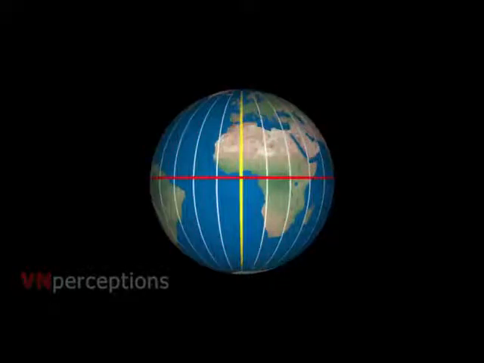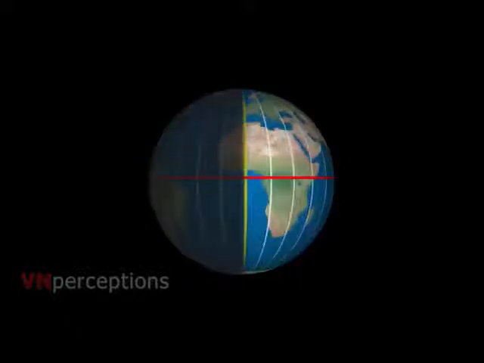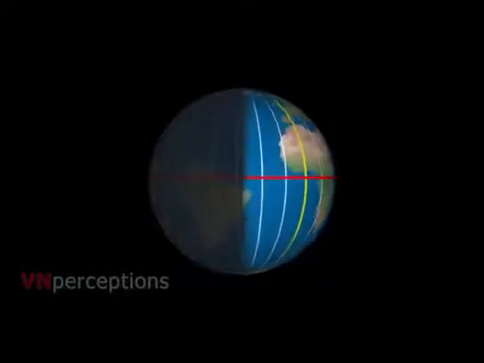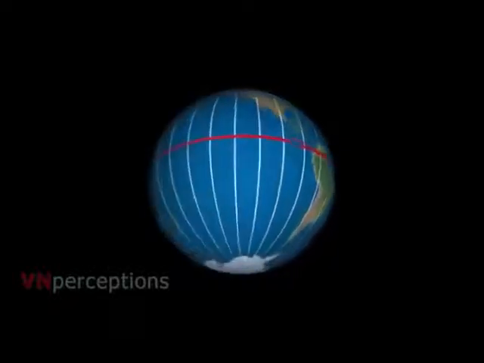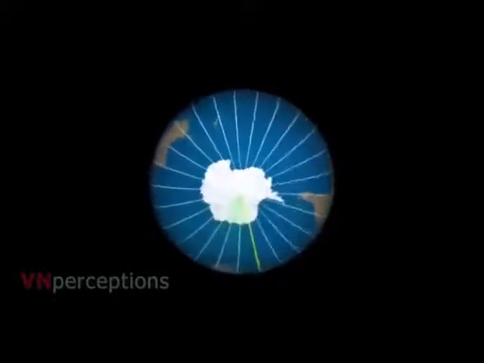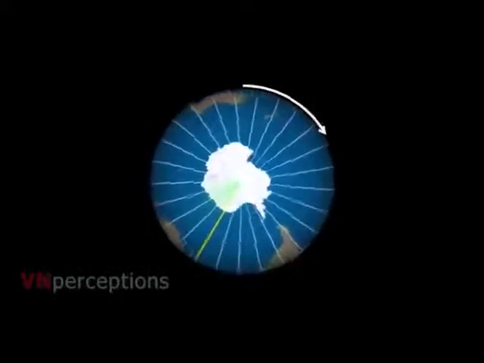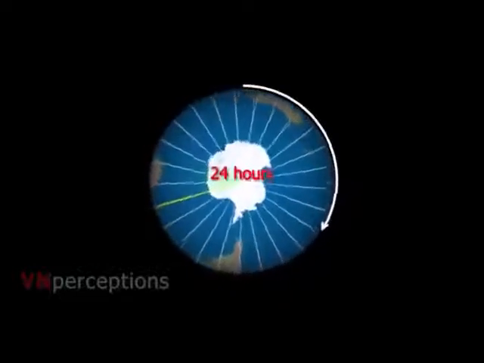There is a relationship between longitude and time. As the earth rotates, every place has its sunrise, sunset, and noon. The earth completes one rotation in approximately 24 hours.